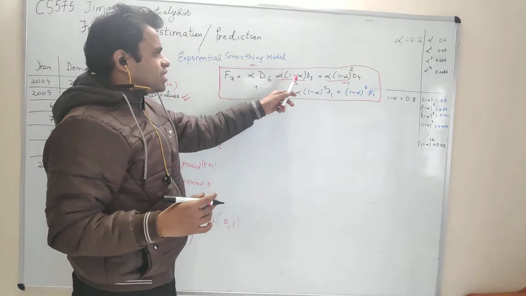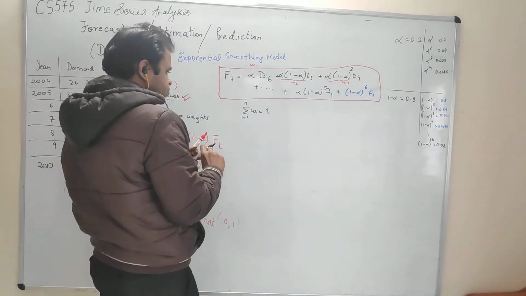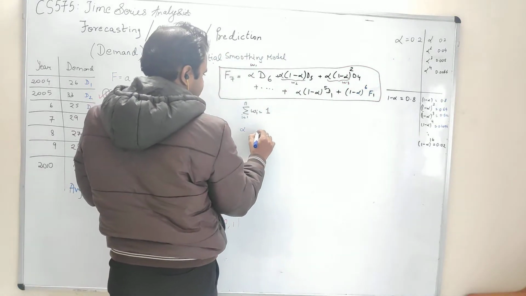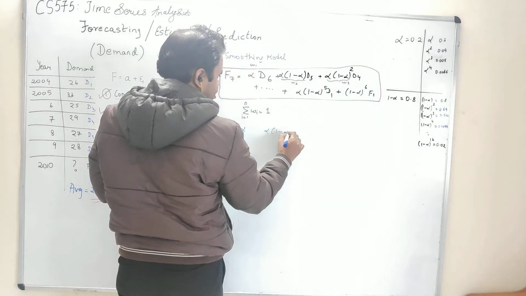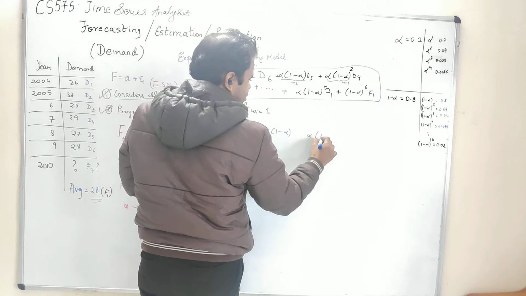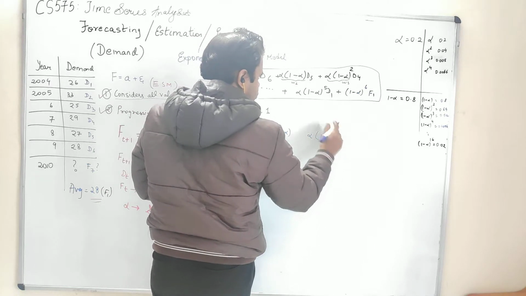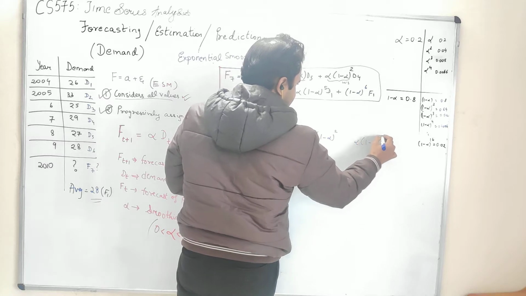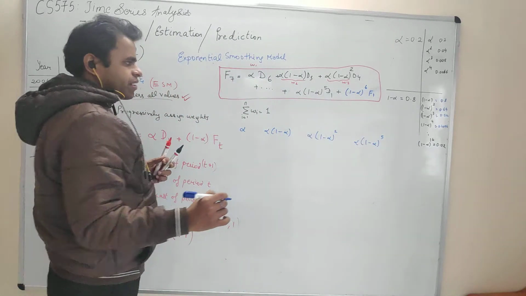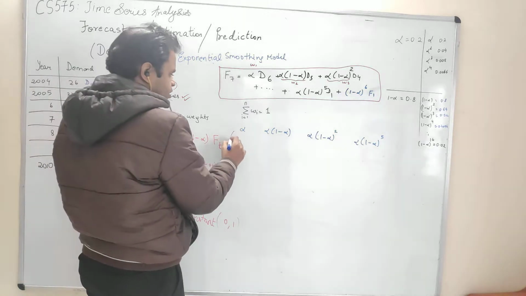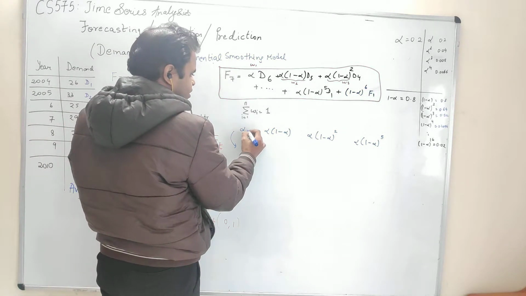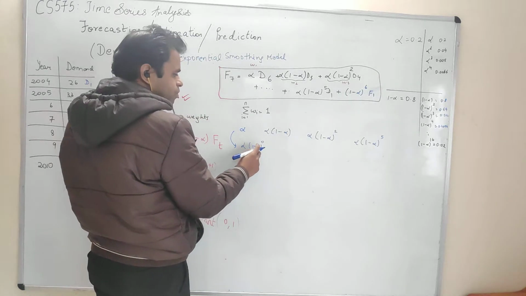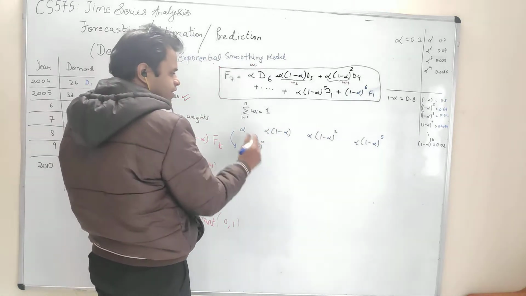Now if you see these terms, what are the terms that we have here? The first term of the weight is alpha. Second is alpha times 1 minus alpha. Third is alpha times (1 minus alpha) squared. The last term in this case is alpha times (1 minus alpha) raised to 5. So if I make it to the nth term, I can write the first term as alpha times (1 minus alpha) raised to 0, since anything raised to 0 is 1.